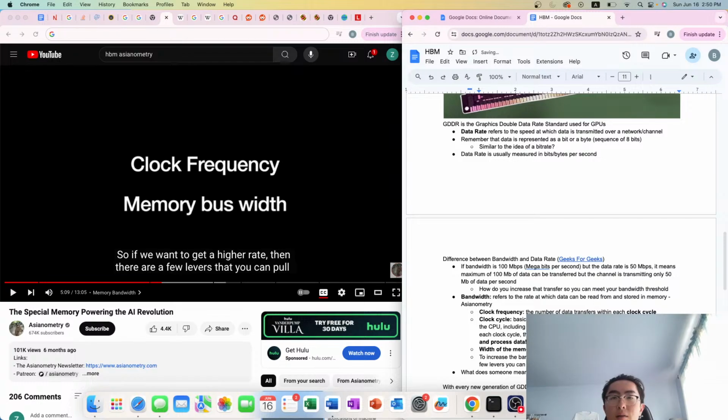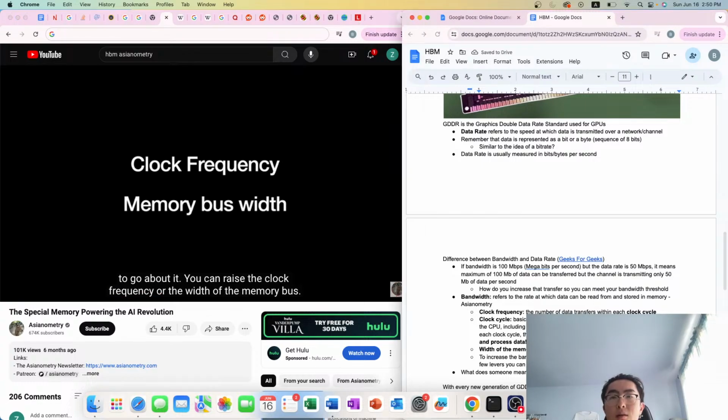Increase the clock frequency or increase the memory bus width. You can raise the clock frequency or the width of the memory bus.